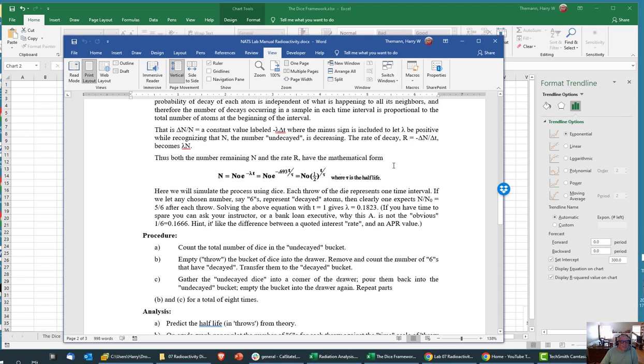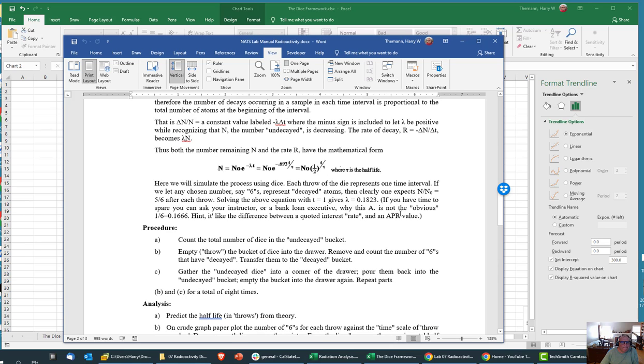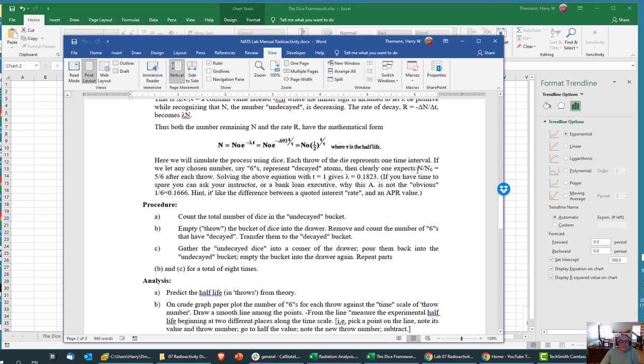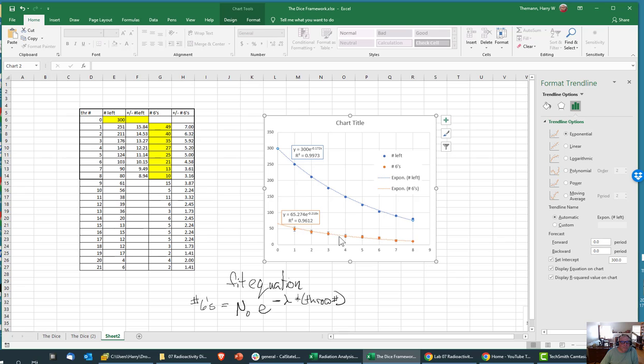Then looking for the half-life, we set N equal to 1/2 N sub 0, of course. There it is. And we can come up with this 0.693 over lambda, that's how we can figure out what tau is. So in our case, tau, we figured it out roughly to be 4.